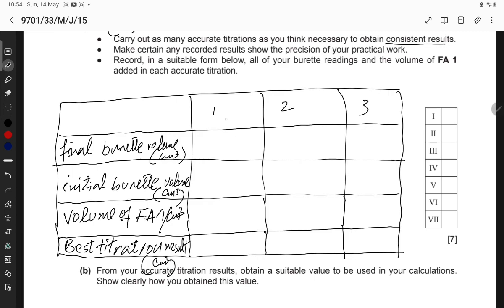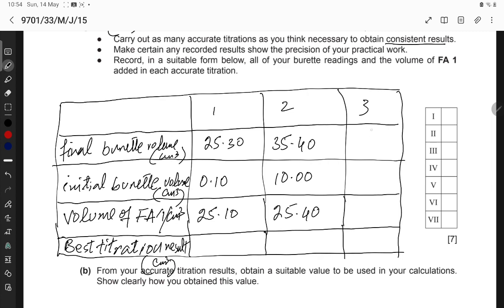Like if we have 25.30 as the final and the initial reading is 0.10, the volume used is 25.20. Similarly, for the second reading the initial reading is 10.00 centimeter cube and the final reading is 35.40 and the volume used is 25.40.